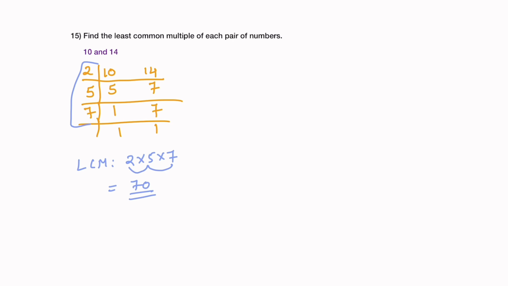And let me use this method here so that this concept gets clearer to you. So we said 10. I've purposely chosen methods to explain some concepts to you, okay? So that's 2 times 5. Both are prime numbers. We stop there. 14, 2 times 7. Both are prime numbers. So we stop there.